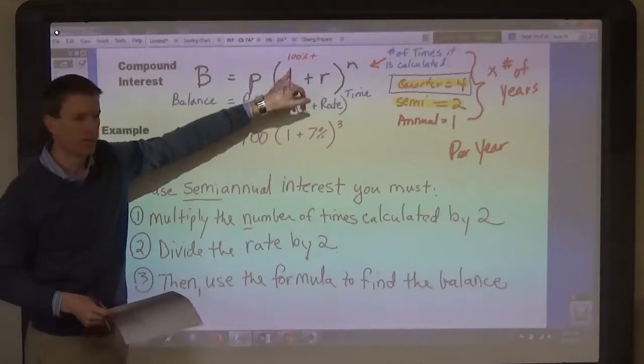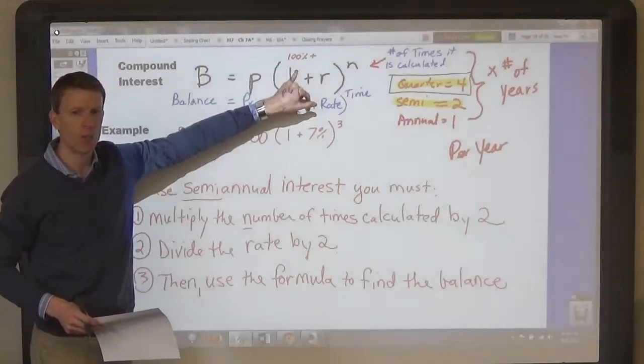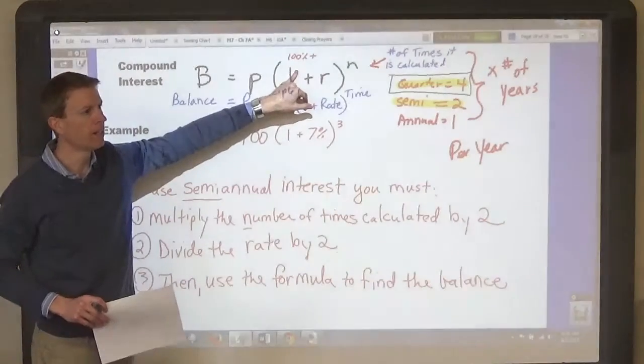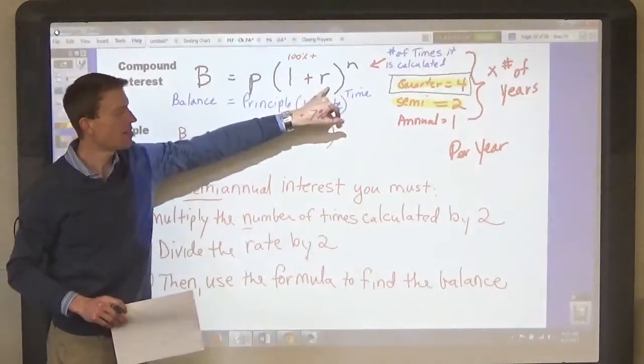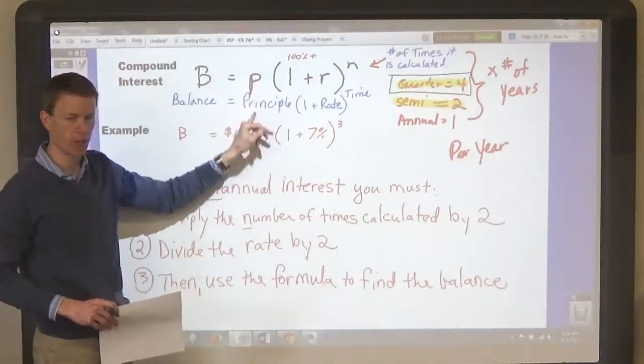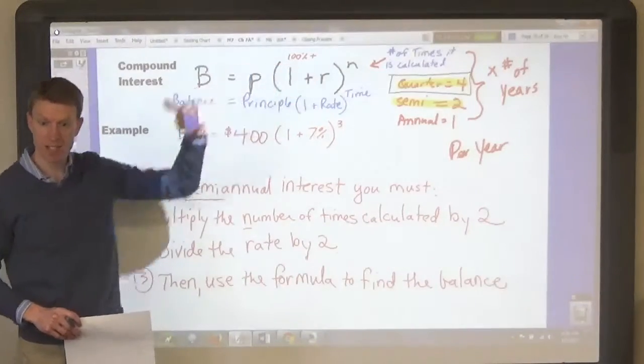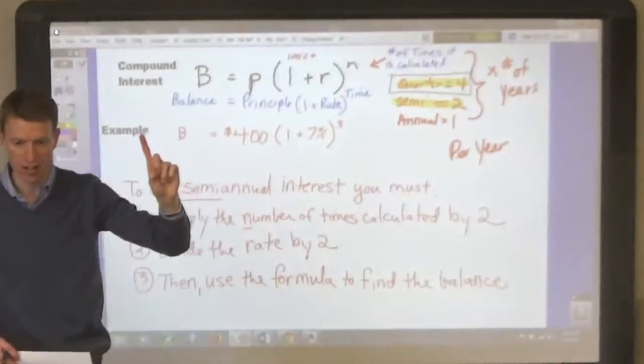Instead of just multiplying by the rate, what we're going to do is multiply by 1 plus the rate. That 1 represents 100% of the principal. That's why we use the number 1. 100% as a decimal is 1.